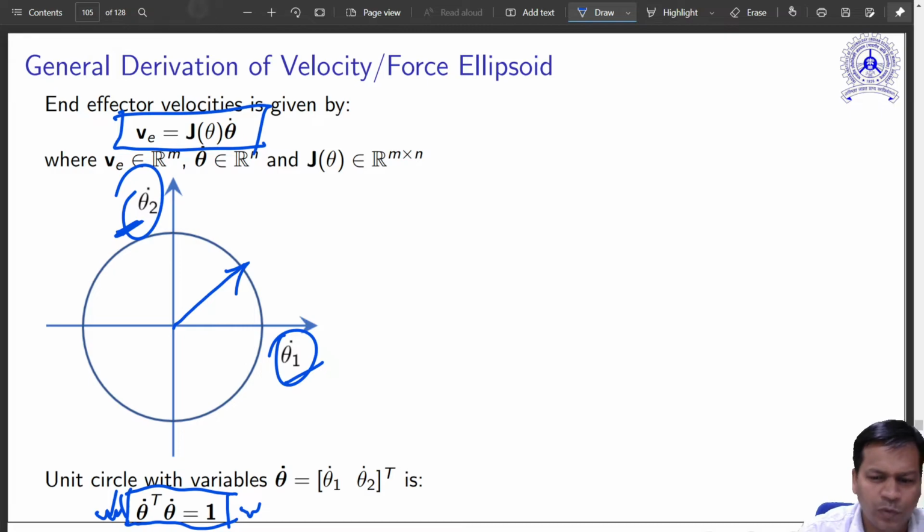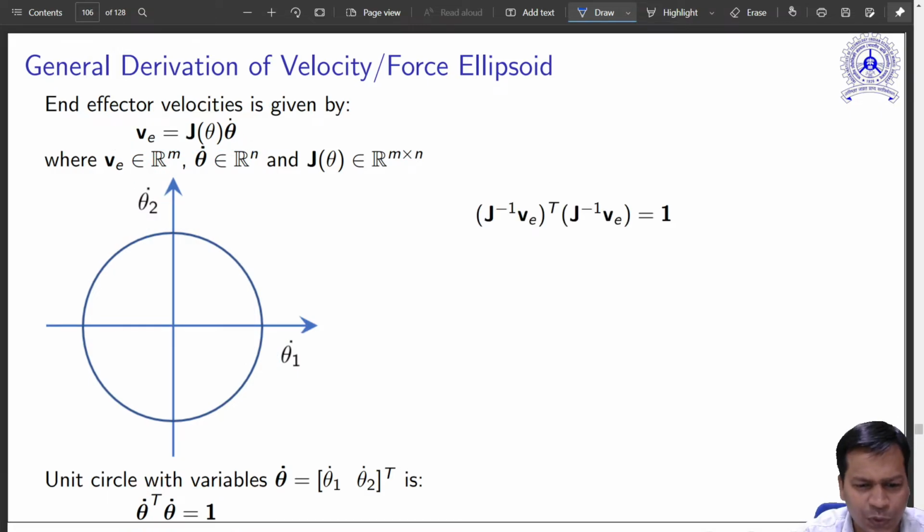So now we move ahead with this. If I substitute this over here in this equation, I can write it like this: exactly J inverse VE is equal to theta dot. So I can write it here, and similarly I can write it here.